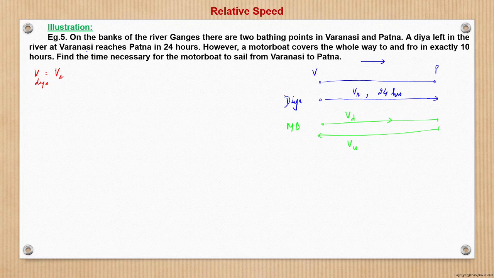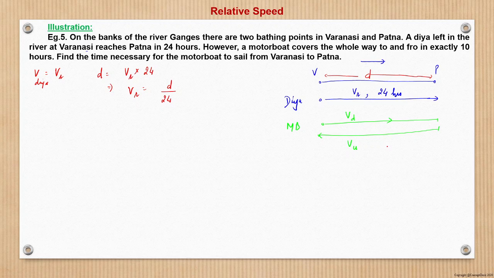Let the distance be D. So distance D is covered by the diya at a speed of velocity Vr in 24 hours. So this is one relation. From here we can say the velocity of the river is D upon 24. Now for the motor boat, it covers a total distance of 2D.